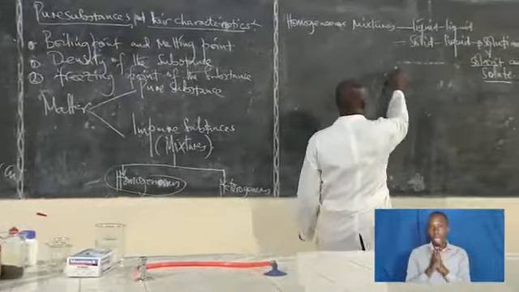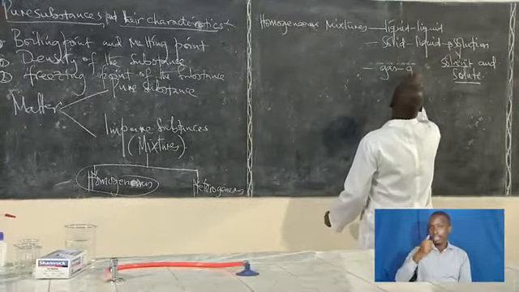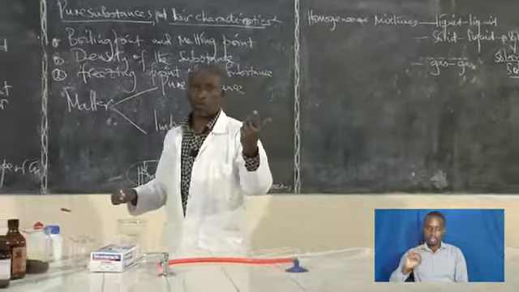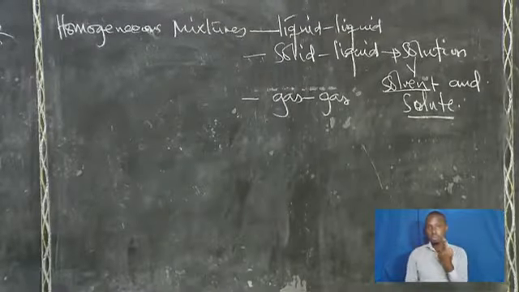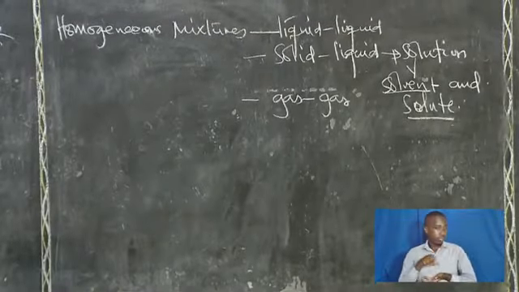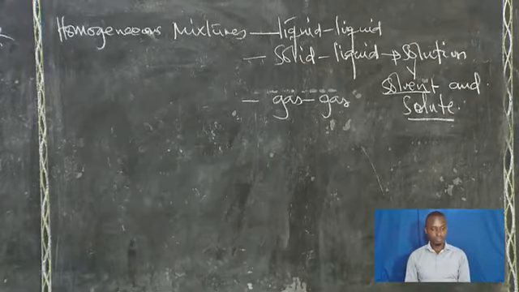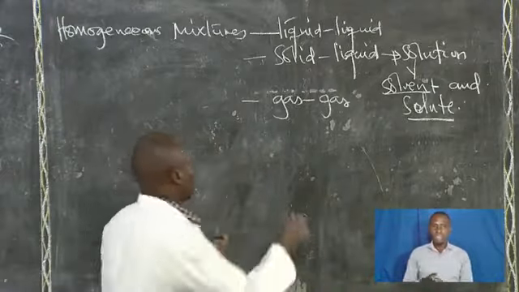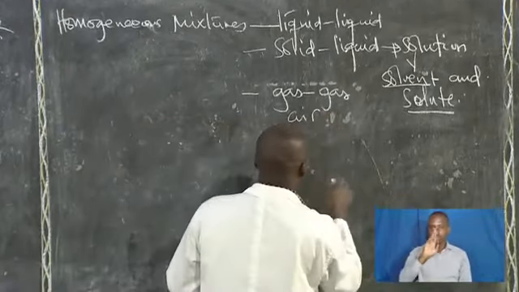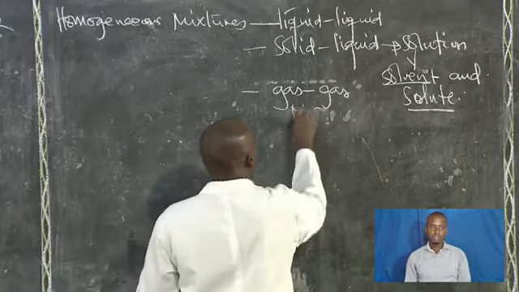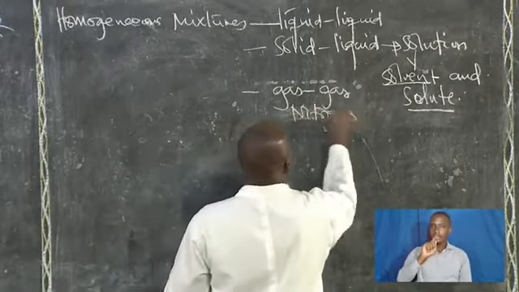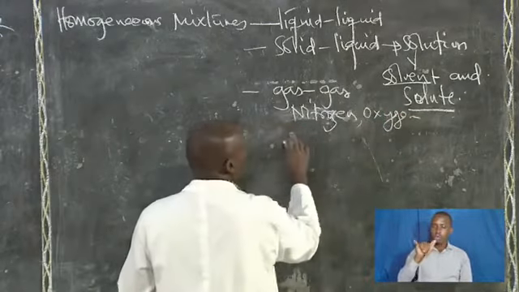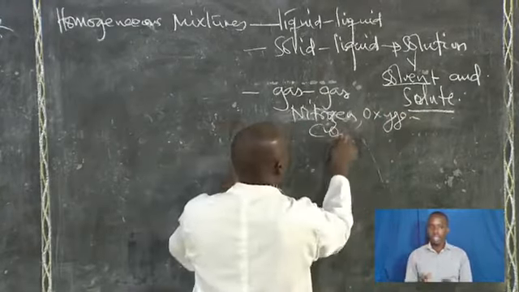We may also have gas mixtures. Can you suggest maybe one example where you have gas mixtures? We can have maybe air. So we have air, maybe nitrogen, oxygen, and then carbon dioxide.